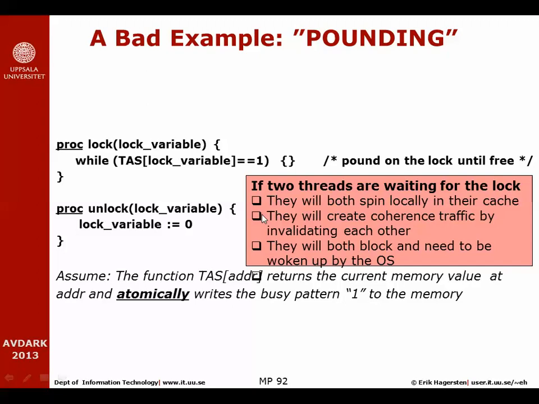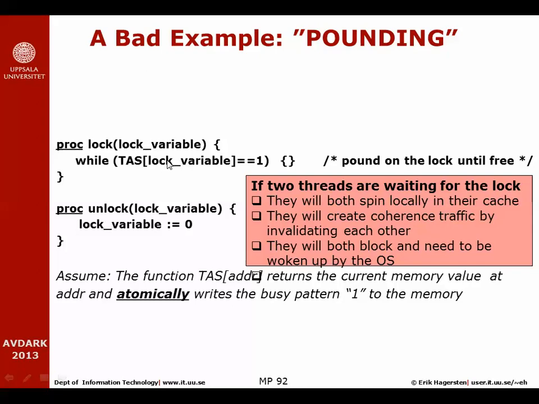They will both create coherence traffic because they will both be inside this loop. And each time they run in this loop, they will do an atomic operation to a specific memory location, and that will look like a write operation to the coherence protocol. So each one of them will perform a write, and each time they perform a write, they have to invalidate the other one.